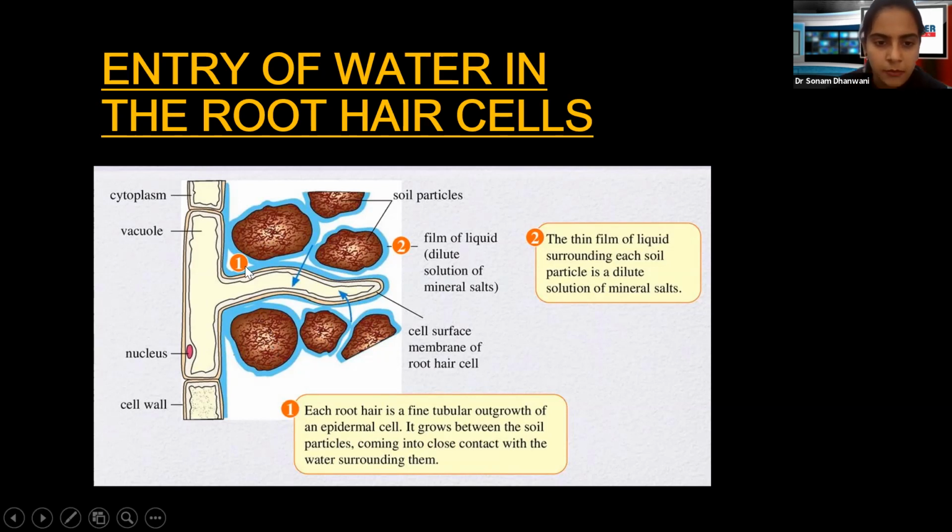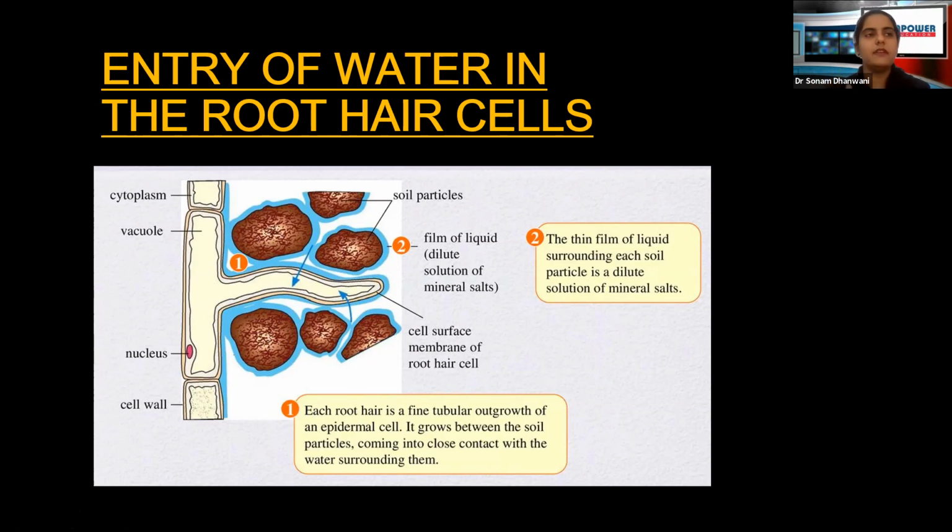Number 1 labeling is for the root hair, and number 2 labeling is for the liquid which is present around the soil particles. Now let's see what this explains and let's put it in mind.